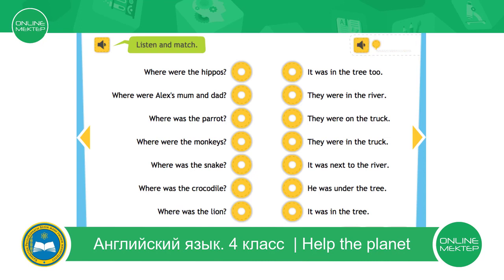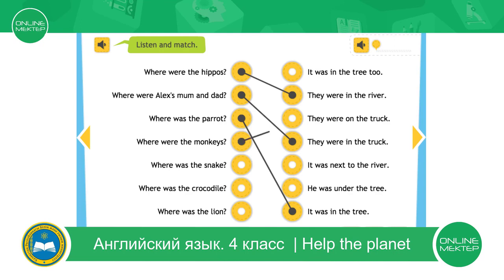Where were the hippos? They were in the river. What about mom and dad? They were in the truck. Where was the parrot? The parrot was in the tree. Where were the monkeys?